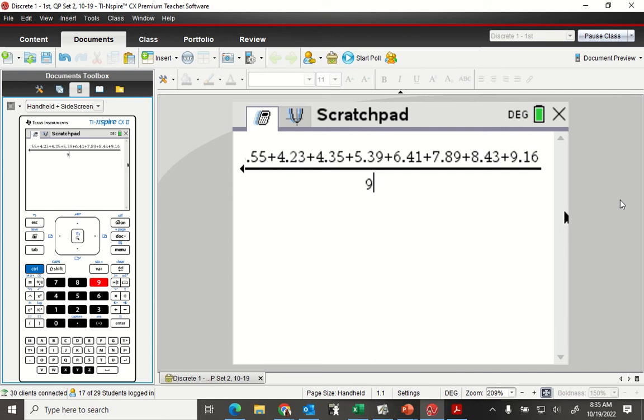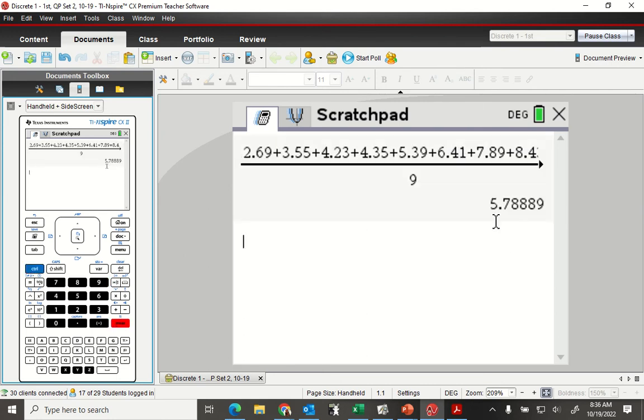All right, since I'm looking for a decimal, how do I tell my calculator that I want a decimal for my answer? Control Enter, very good. So Control Enter, and I should get this number right here.